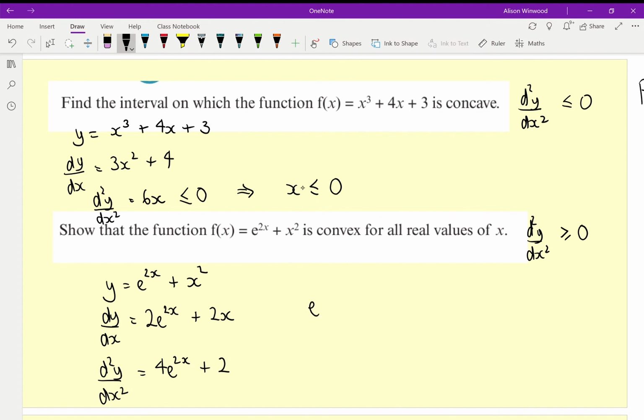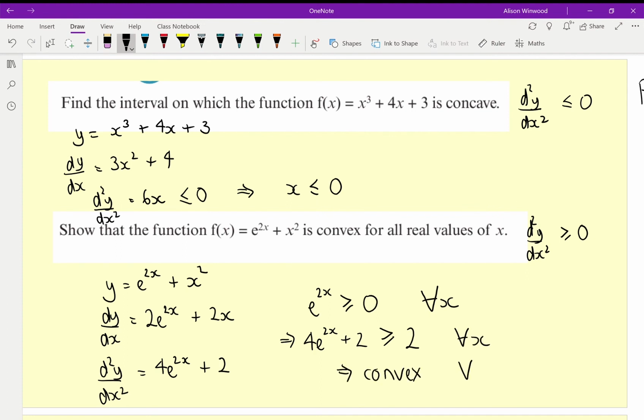Now, e to the 2x is positive for all values of x. And so 4e to the 2x plus 2, not only positive, it's greater than 2 for all x, and therefore is convex for all values of x.